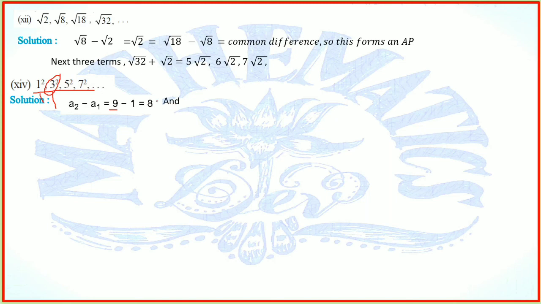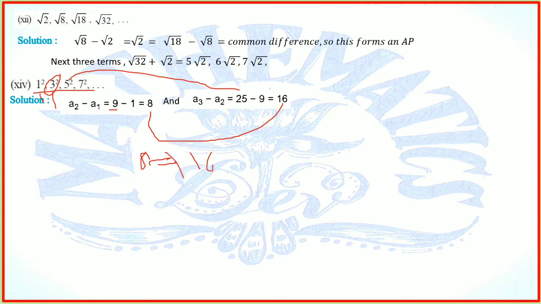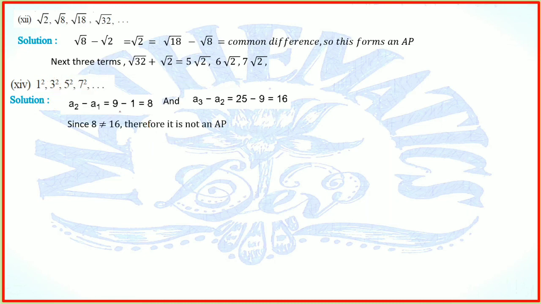And the third term minus second: square of 5 is 25, minus 9 is equal to 16. Clearly 8 is not equal to 16, therefore we can say that this is not an AP.